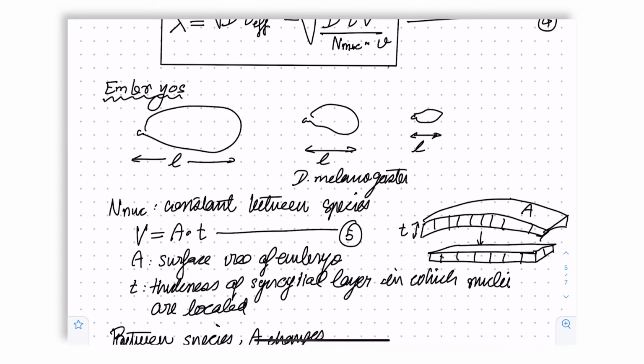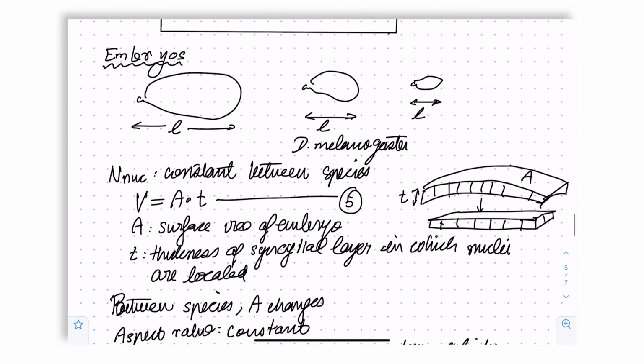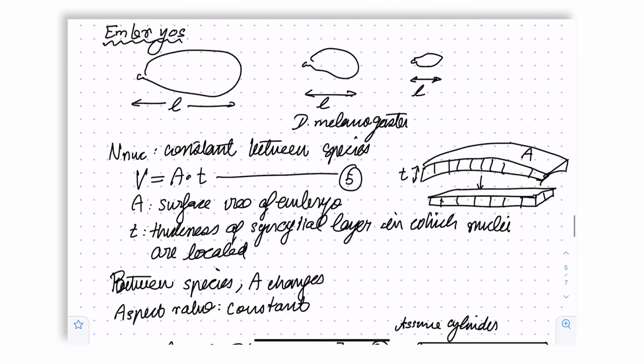So somehow we want to incorporate this question: what happens when the length changes, can lambda be changed as a function of length? In order to do that, the authors, Thomas Gregor and company, in their PNAS paper, demonstrated that if you now consider that the volume and surface area change with embryos in such a way that volume is A times T.